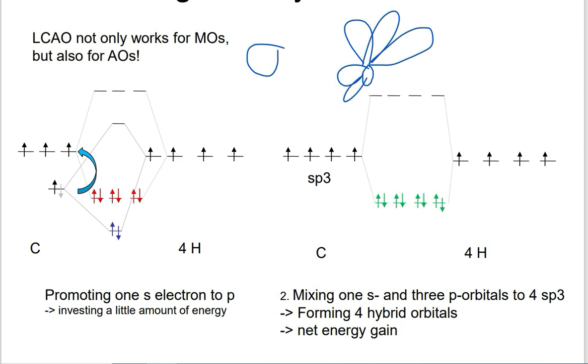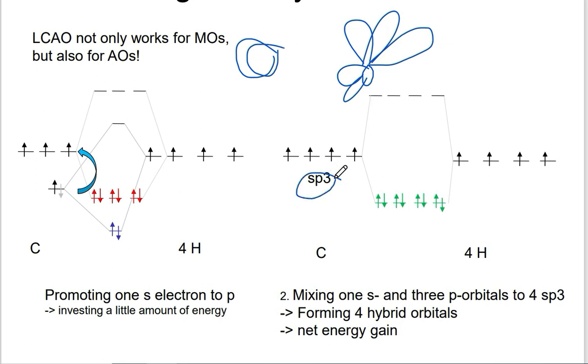Now, when we have C and H, new orbitals are formed, and they are called sp orbitals. So because we have one s and 3 p, the new orbitals will be sp3, because it's made with 3 p orbitals and one s, so sp3.